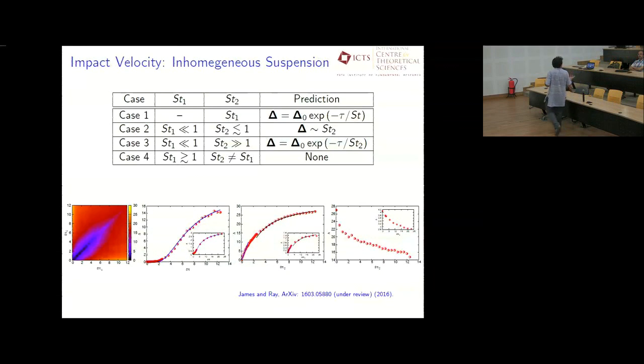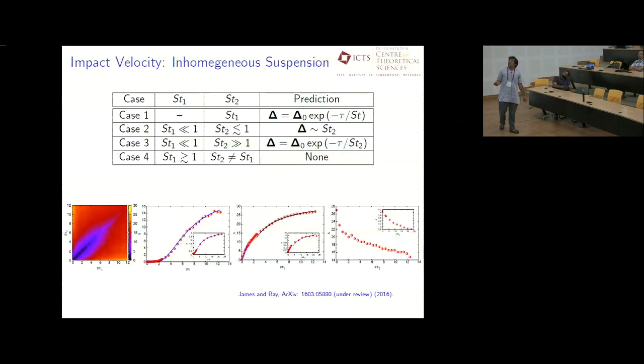For example, a question in this business is: is there a snowball effect, where a large drop zips through a supersaturated vapor field where there are small droplets around, picks them all up, and settles?